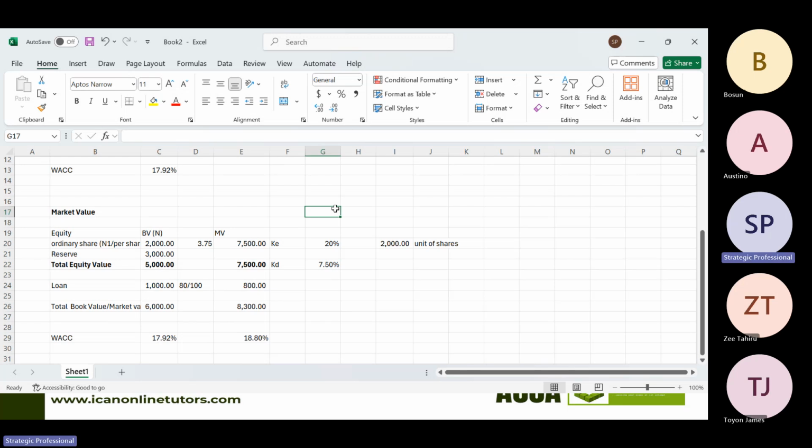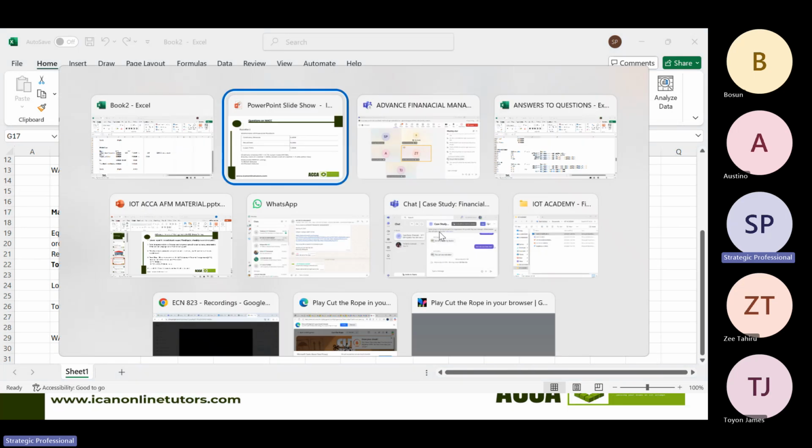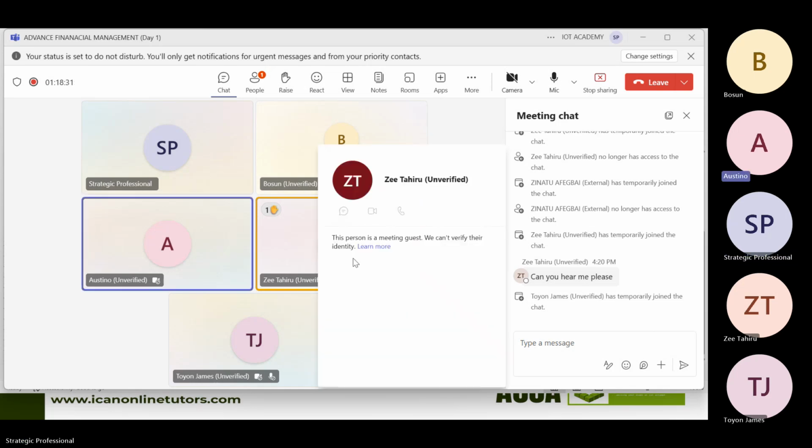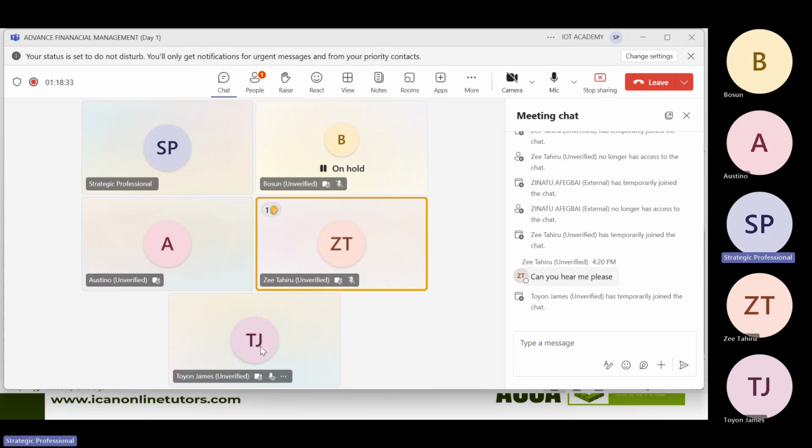So let's move on. Let me know who's raised a hand in the class. Okay, so I have Z. Z, you're raising your hand. Yeah, I can hear you. Is that a raised hand or not? Okay, I have Toyon James. Hi, Toyon James, good afternoon. Z, I still cannot hear you. You can drop a chat, please.